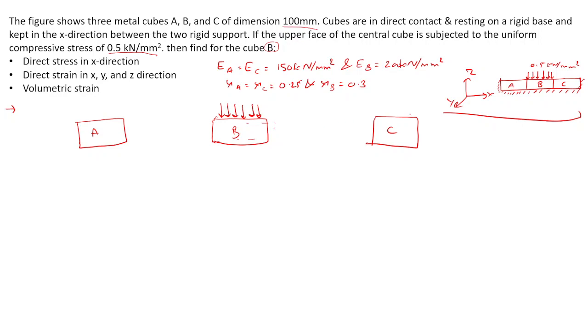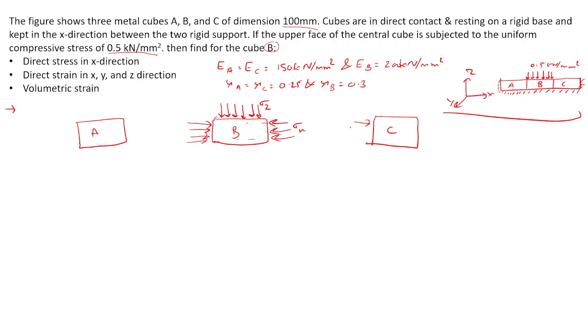Because this dimension will change but those supports will not give permission to change this dimension, right or wrong? So due to this, some compressive stress in this direction will come, right or not? This is the sigma z and this would be the sigma x.